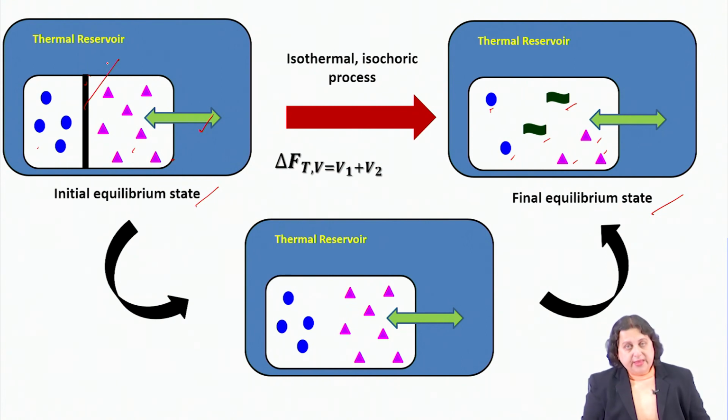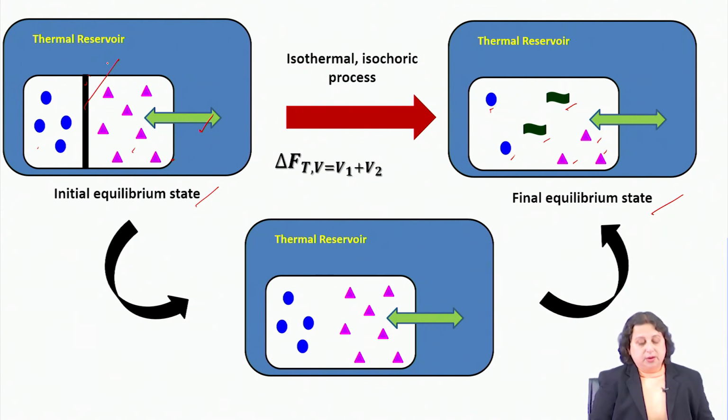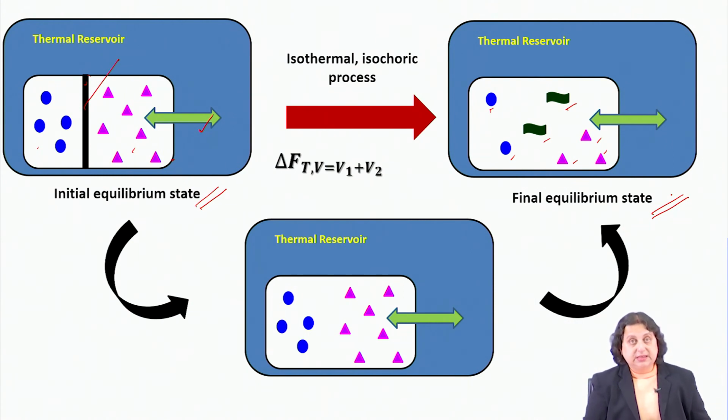Now, when the system has attained a final equilibrium state, then you talk about the comparison of this initial equilibrium state and the final equilibrium state without the internal constraint. And the process that you see here has been induced by the withdrawal of the constraint.